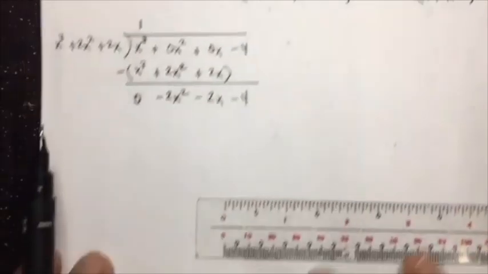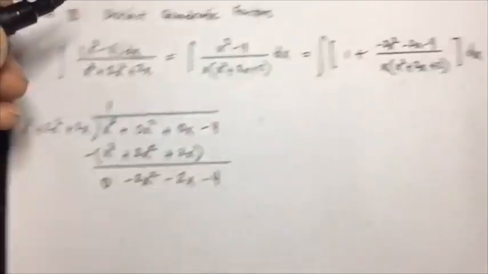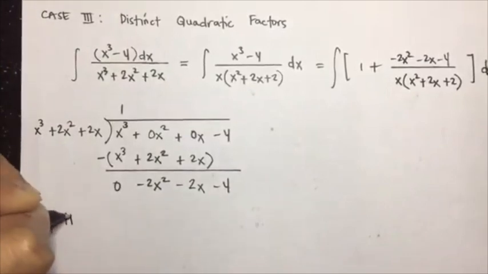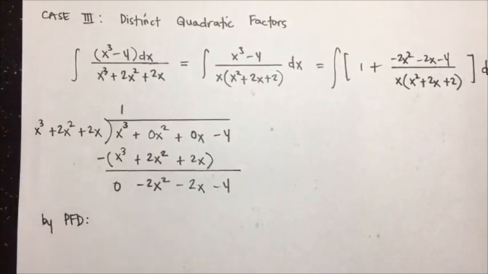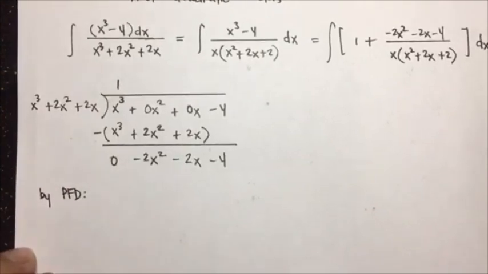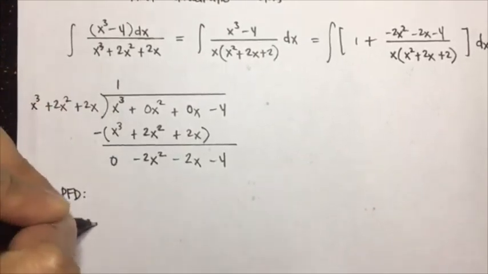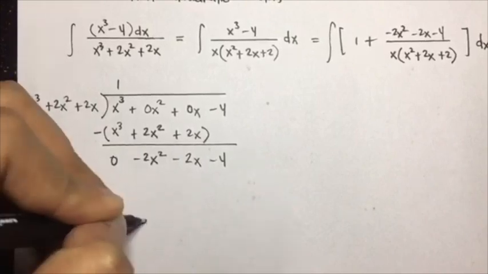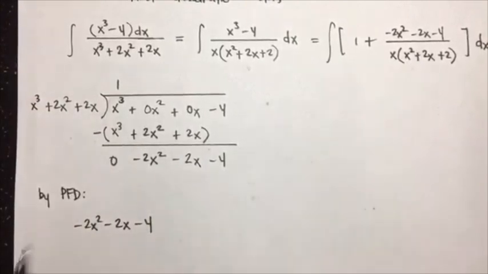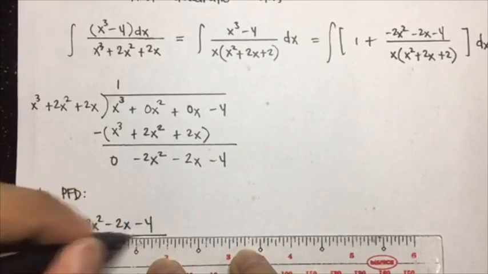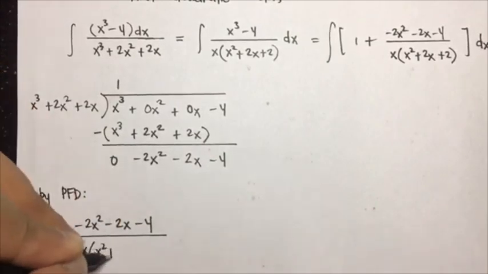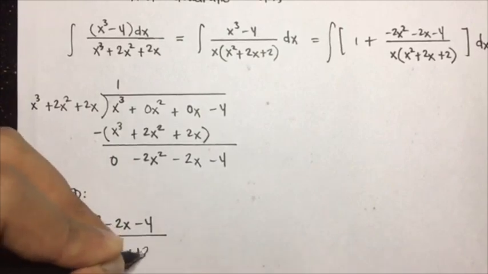By partial fraction decomposition, we have negative 2x squared minus 2x minus 4, divided over x times x squared plus 2x plus 2.